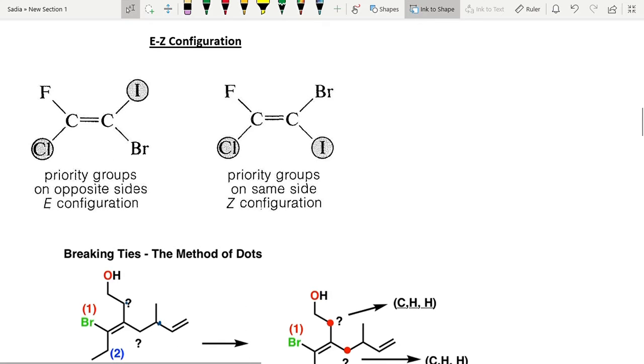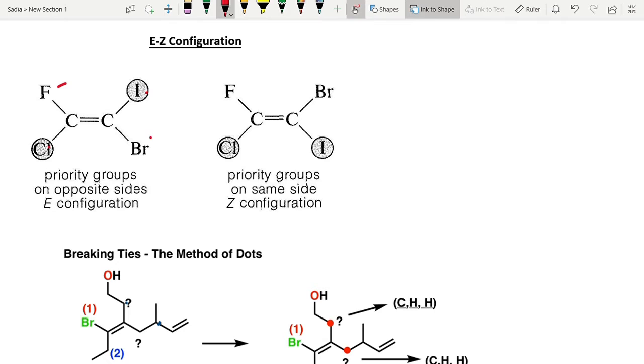Now if we look at the E/Z configuration, it is just another type of isomerism which we take into account when cis-trans is not possible, right? So we're saying that when cis-trans is not possible, it means that there is no similar group attached. In this molecule over here, you can see all four elements are different.